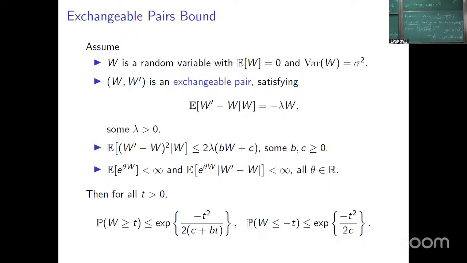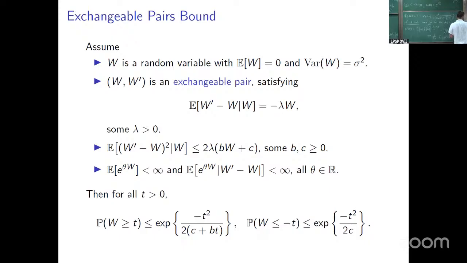And so now let's write this: M prime of theta equals 1 on 2 lambda times the expected value of W prime minus W times e to the theta W prime minus e to the theta W. Okay, and then we can use convexity.